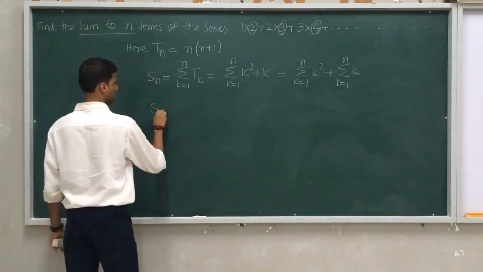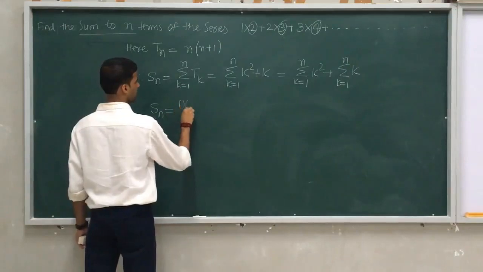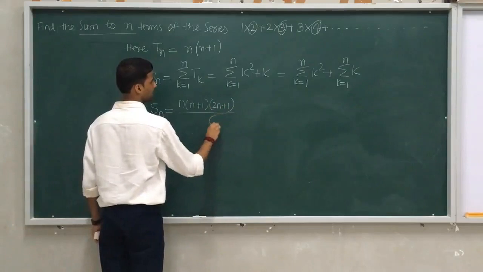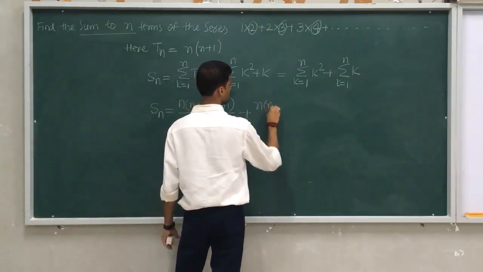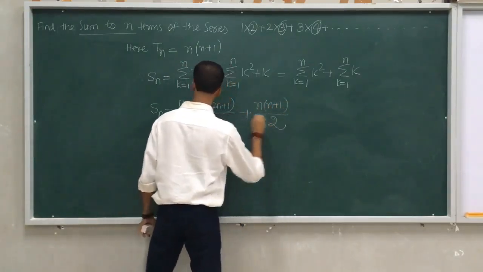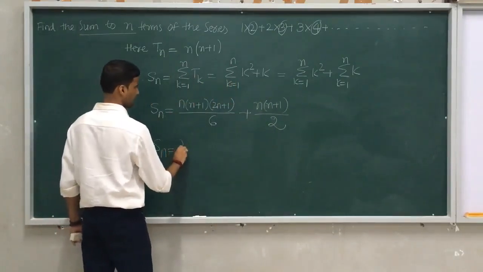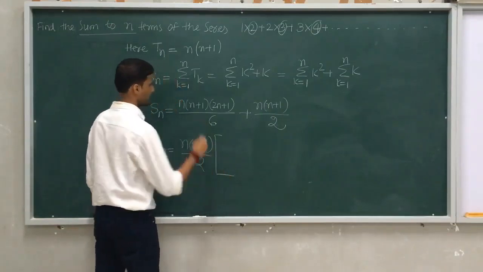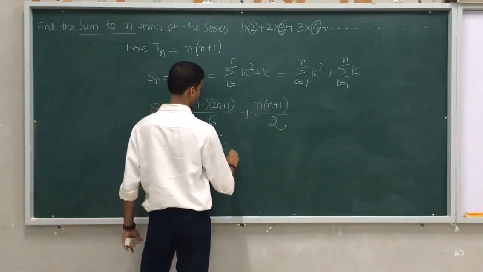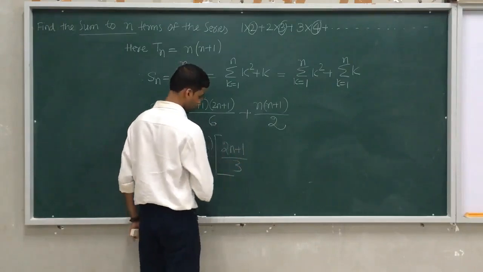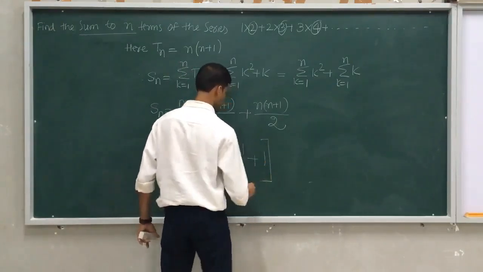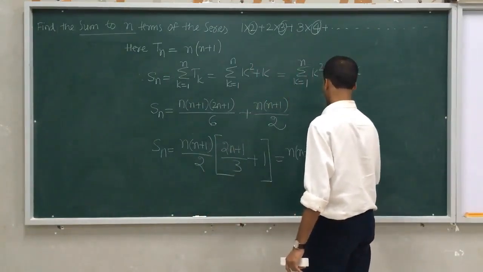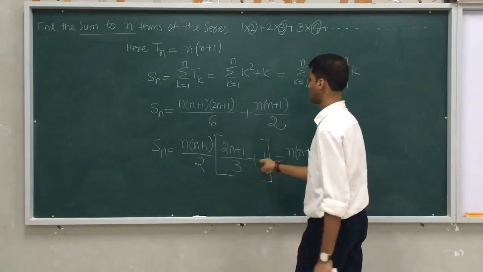Therefore Sn is equal to n into n plus 1 into 2n plus 1 by 6, plus n into n plus 1 by 2. Taking n into n plus 1 by 2 out, we get 2n plus 1 by 3 plus 1, and you can write the answer directly as n into n plus 1 into 2n plus 4 by 6, because 3 ones are 3, and 3 plus 1.